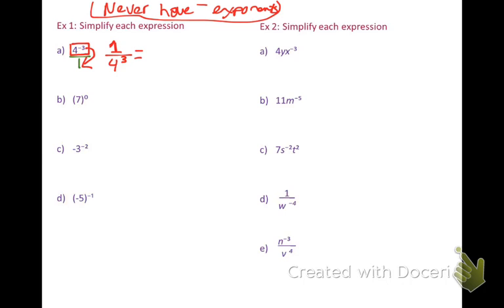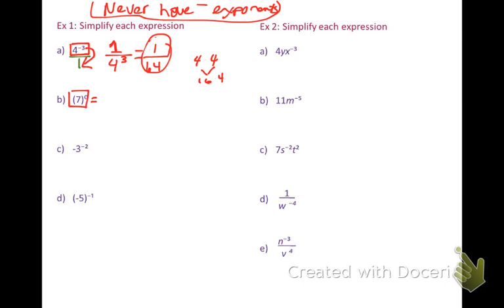And then you have to do 4 cubed. Here's 1 over, and you do 4 times 4, which is 16, times 4, which is 64. So your answer is 1 over 64. There you go.